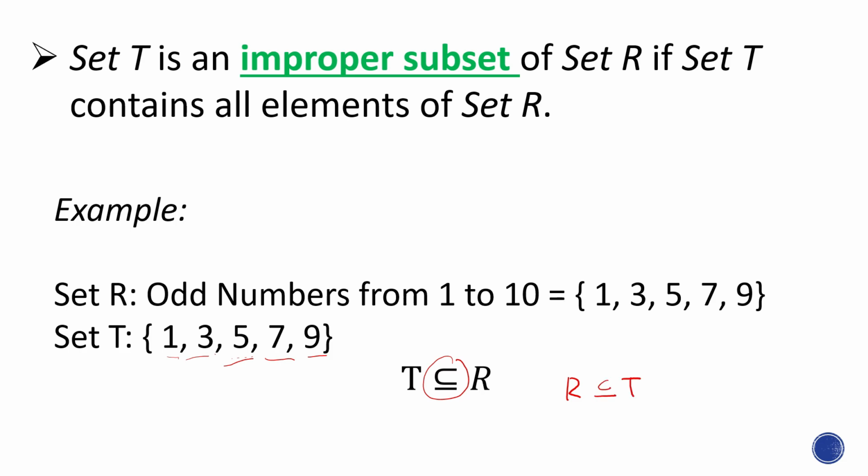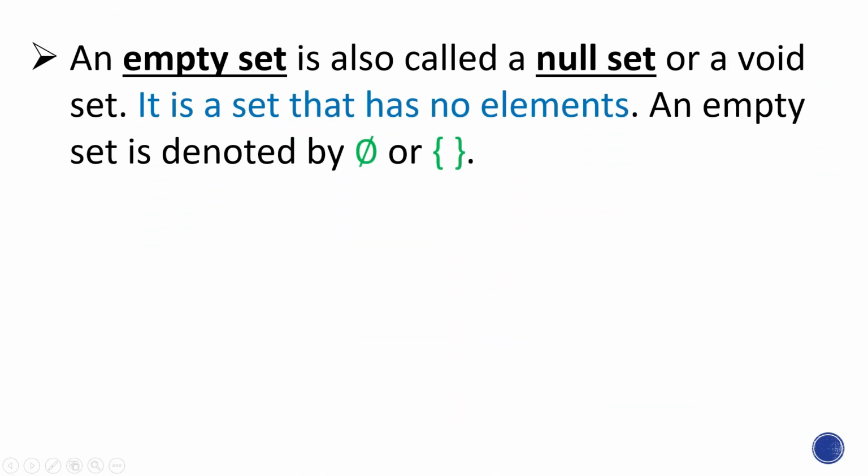Okay? Now, what else do we have here? Empty set. So an empty set is also called a null set or a void set. It is a set that has no elements. So an empty set is denoted by these two symbols, but normally we use this one.